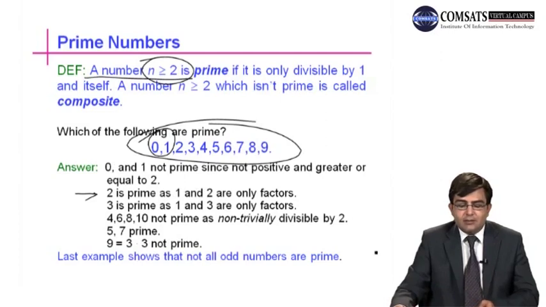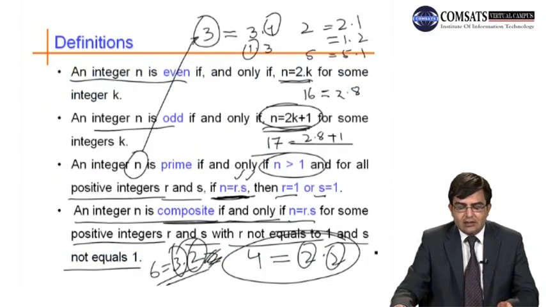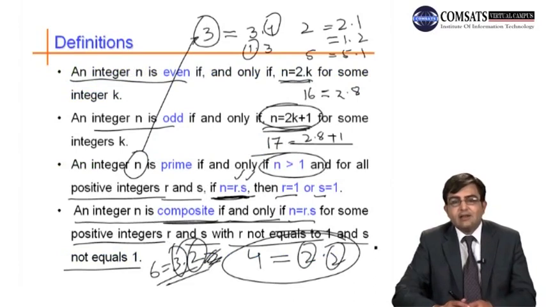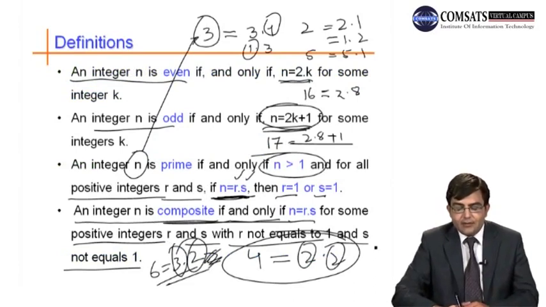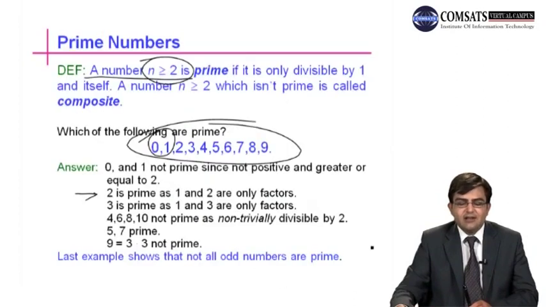In the previous example we mentioned that n can be written as a product of two integers r and s, one of which must be 1. This is equivalent to saying that a number is prime if it is greater than or equal to 2 and is only divisible by 1 or itself.